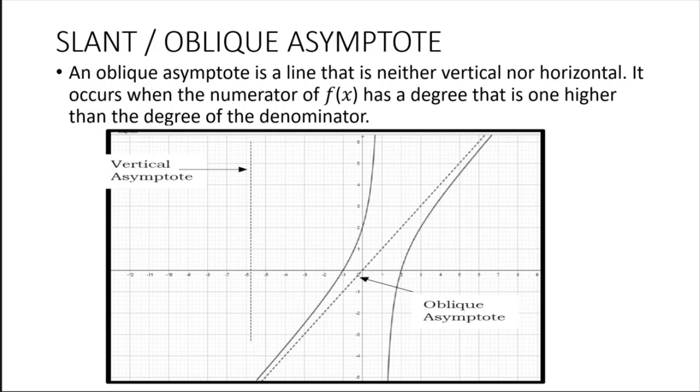Looking at the graph, we can see that there is a vertical asymptote, and there is no horizontal asymptote. In this case, for the oblique or slant asymptote, we use our knowledge of division of polynomials.